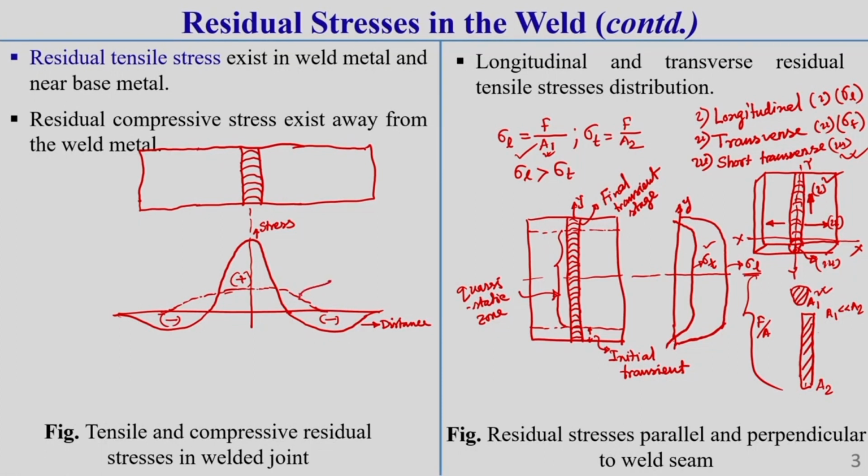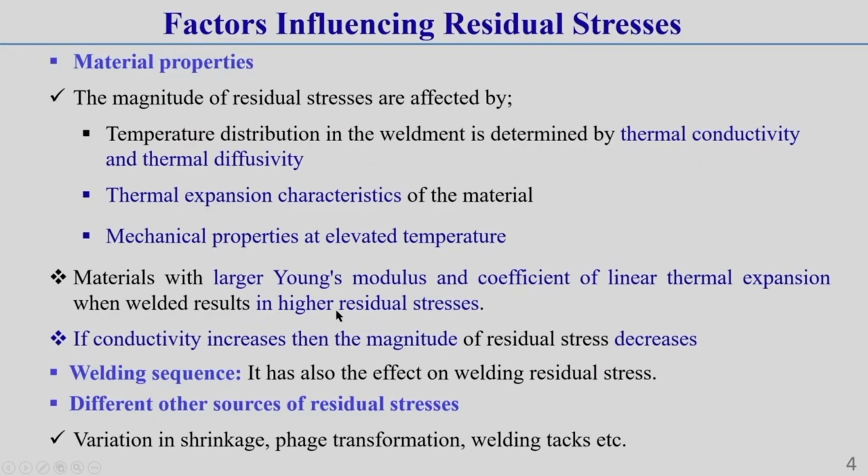This transverse residual stress distribution over the weld plate is almost tensile in nature, and its magnitude is much smaller than the longitudinal residual stress. You should keep this in mind. Now, we will discuss the factors influencing this residual stress.